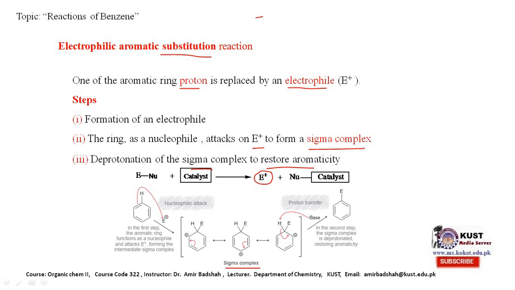It means deprotonation takes place, and as a result of this deprotonation of the sigma complex, aromaticity is again restored. You see here aromaticity has been lost. So in order to get this aromaticity back, this proton is removed, and we get the aromatic character in the compound, because aromaticity gives stability to a compound.